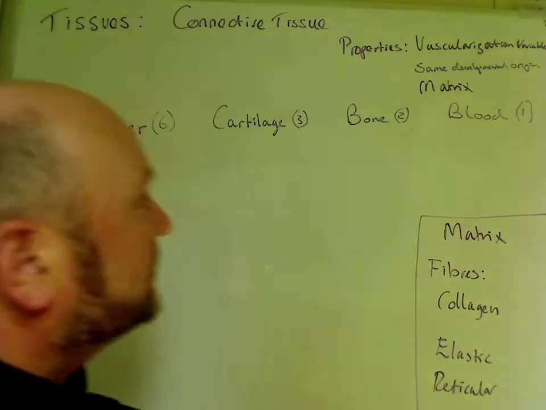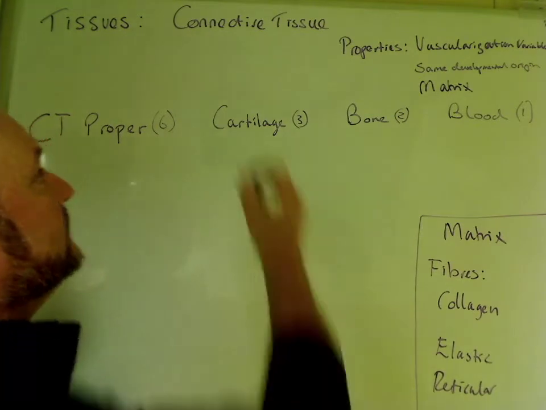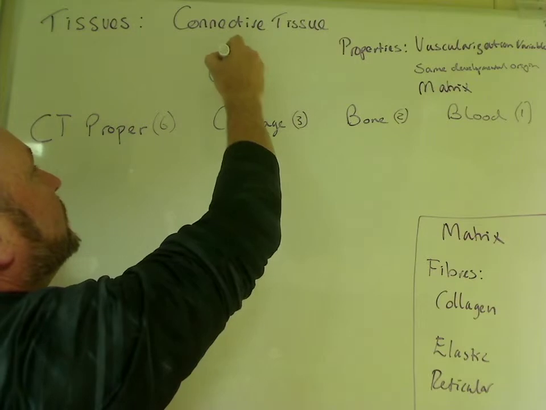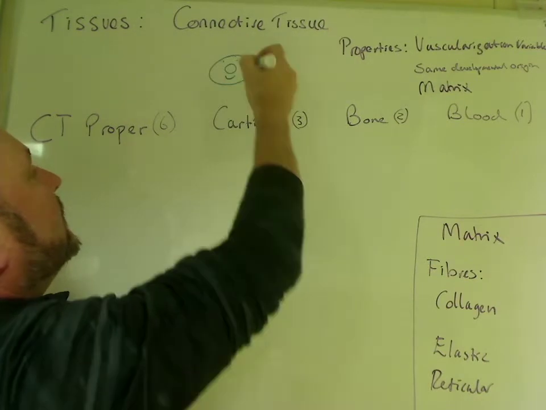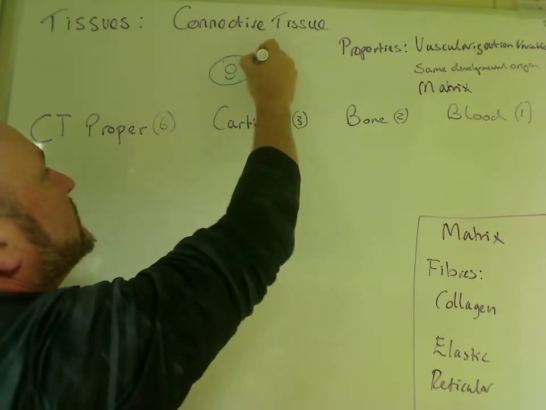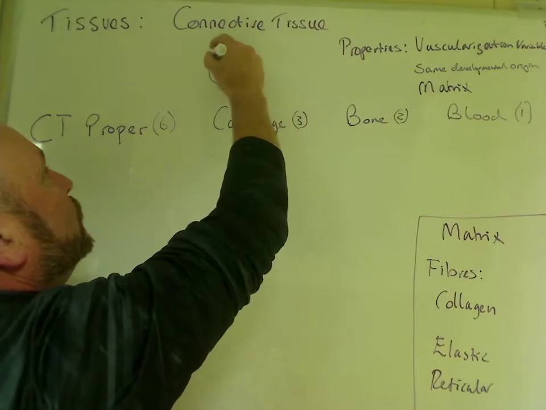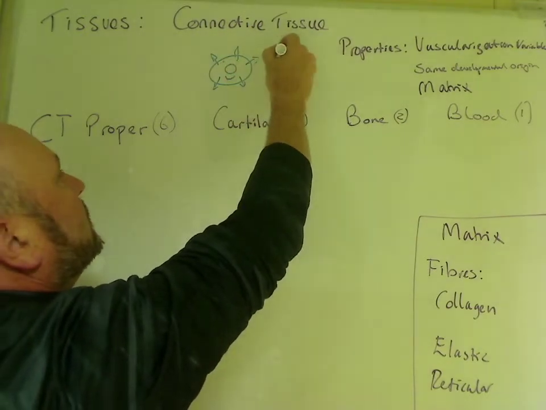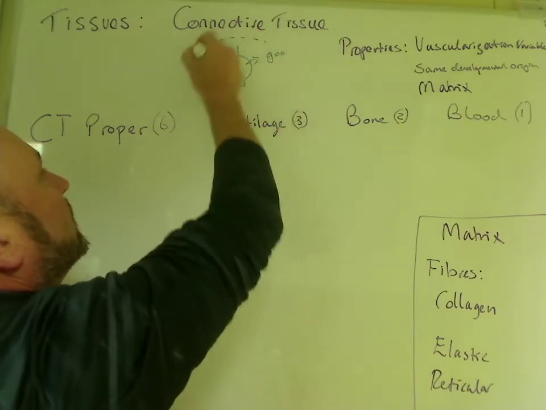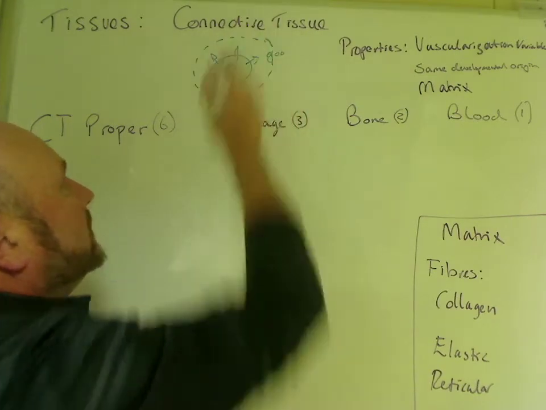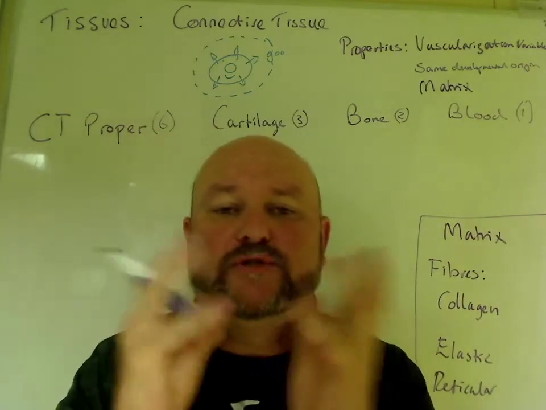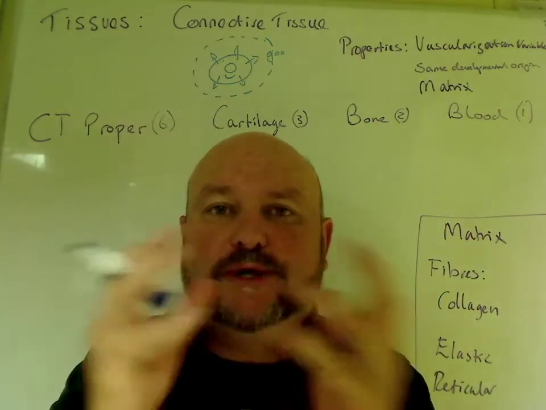So what a matrix is: if you have a cell, it's got a little nucleus, the cell produces goo around it. So the cell isn't just sitting there in complete perfect isolation, it's actually producing sort of a gooey fluid outside of it.